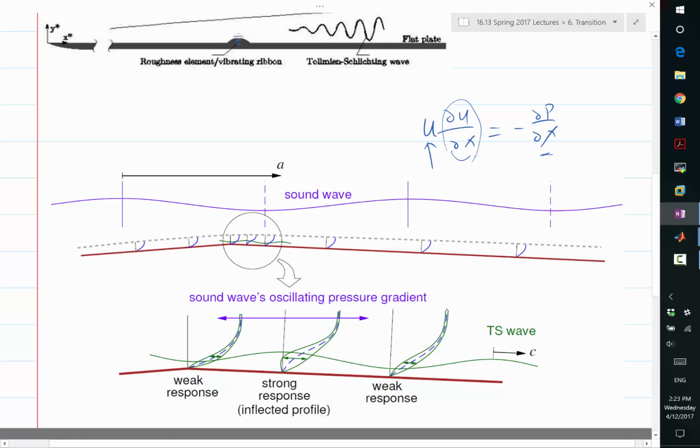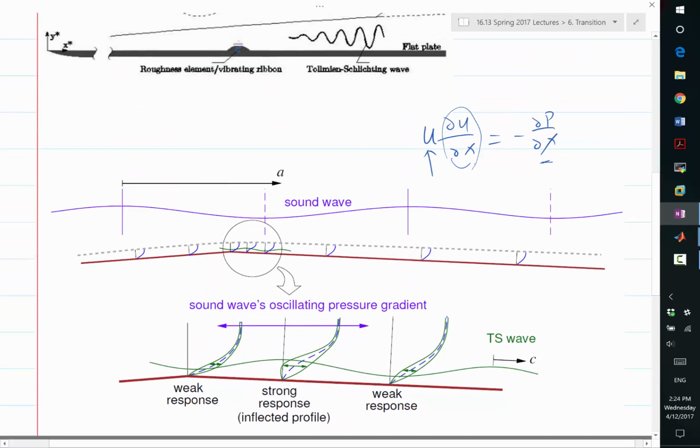You get more change in the velocity out of the same pressure gradient than in a lower H region, and that creates spatial non-uniformity in the boundary layer itself that oscillates at the same frequency as the sound wave, but at a much smaller spatial frequency. So that's another way for the boundary layer to accept disturbance from the free stream.